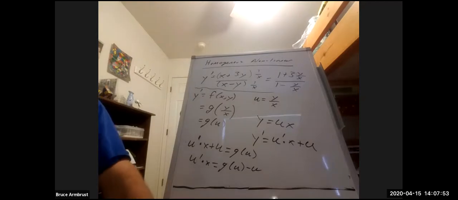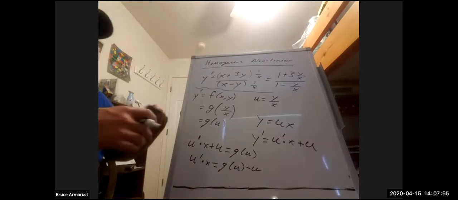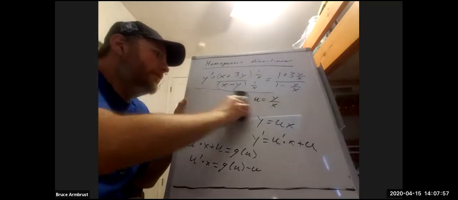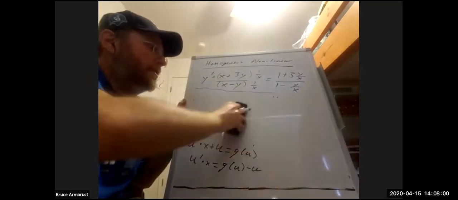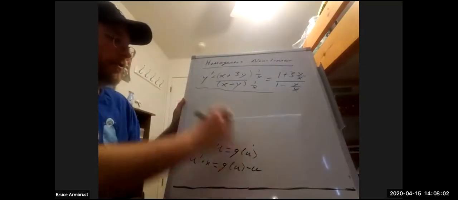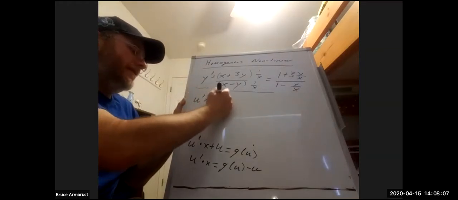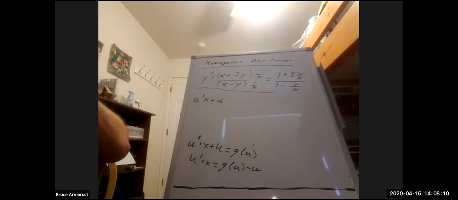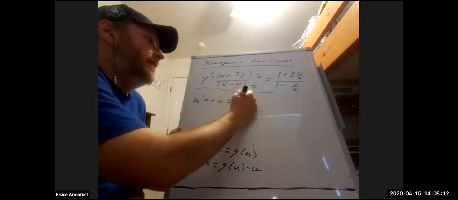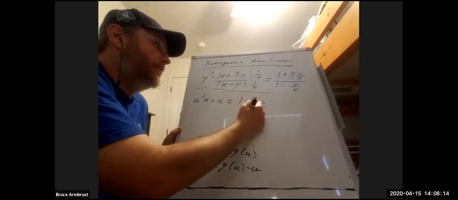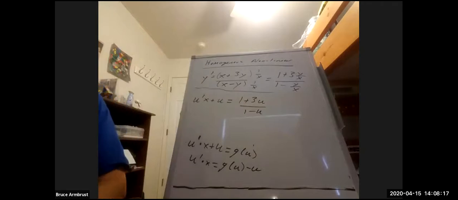So let's finish this one out. Now that we're already almost there, let's change it into these u's and see what the solution is going to be. For the y prime, you're always going to put u prime x plus u. And then that's going to equal, in this case, 1 plus 3u over 1 minus u. So let's do a little bit of algebra. Let's get the u prime all by itself and then separate it.